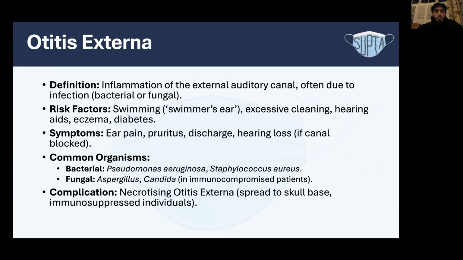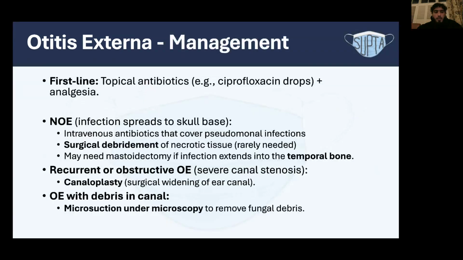This requires urgent management because it is a spread of the infection to the skull base, causing skull base osteomyelitis. It's a rare condition, but very serious, and the individual is usually within that immunosuppressed category. How do we treat it?